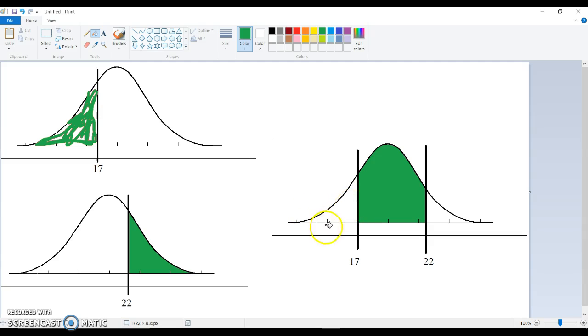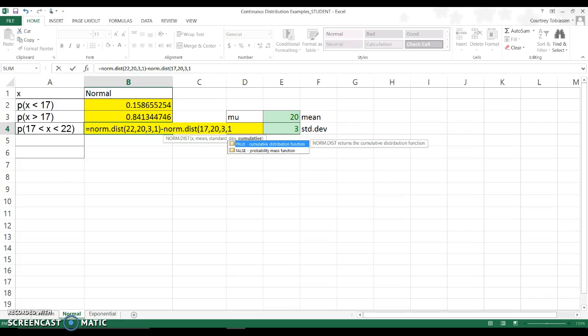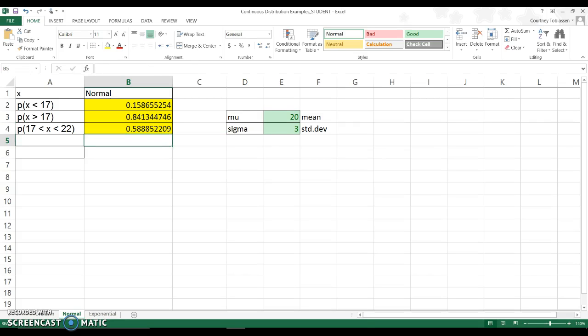So we're essentially going to subtract out this part and we'll be left with the middle. So again, it'll be norm.dist, in this case 22, plug in all the other values, minus norm.dist of 17, plug in our other values. Say okay, and so the area under the curve between 17 and 22 is roughly 58.9.